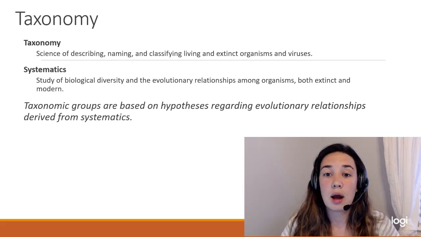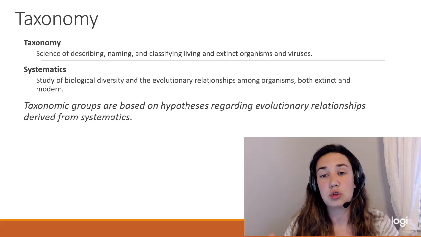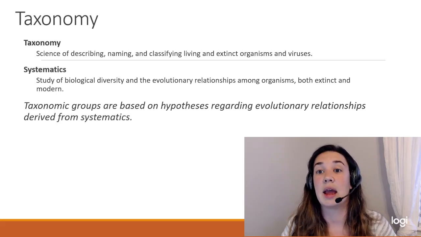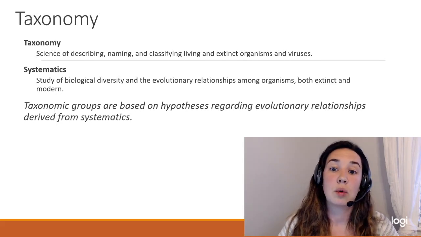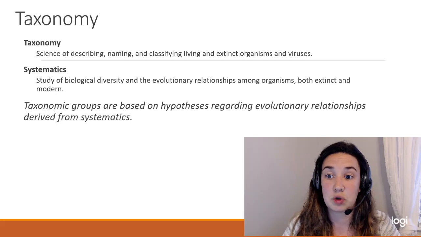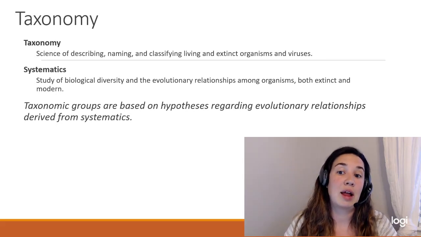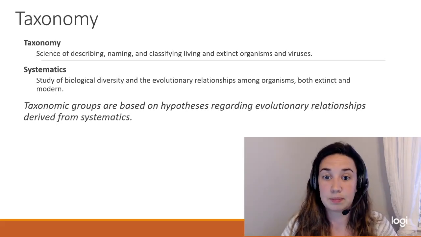When we talk about systematics, that is the study of biological diversity and evolutionary relationships among organisms, both extinct and modern, so those organisms that are still living. So we're studying all of that diversity, all of the relationships that exist between those organisms, where taxonomy is more of classifying those living things, naming them, describing them.